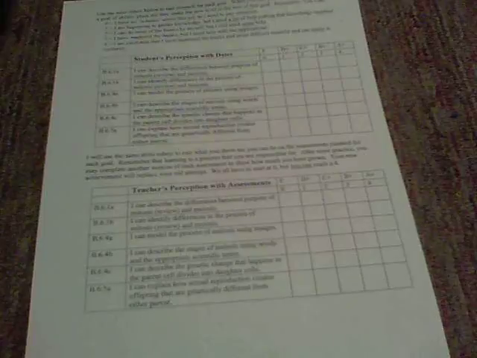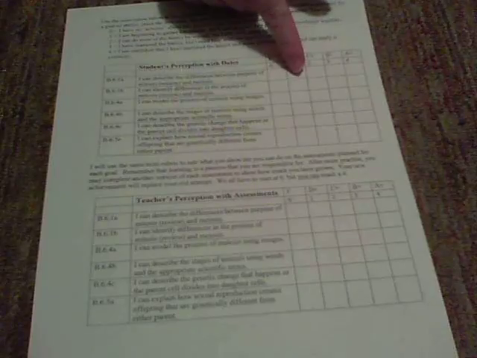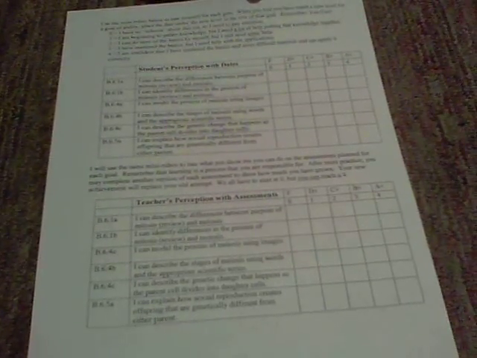That's the whole point of learning, is moving from no knowledge to mastery of knowledge. So they would put the date whenever we start each of these topics in the unit, and then as we progress through these, they will put new dates as they feel they're improving in their retainment of knowledge and their ability to apply it.